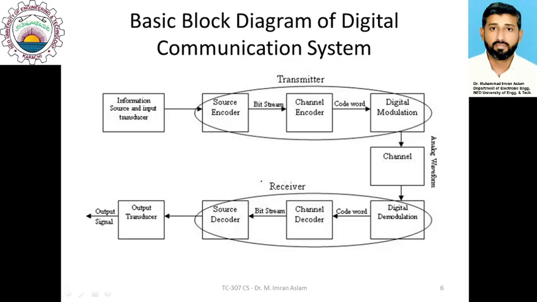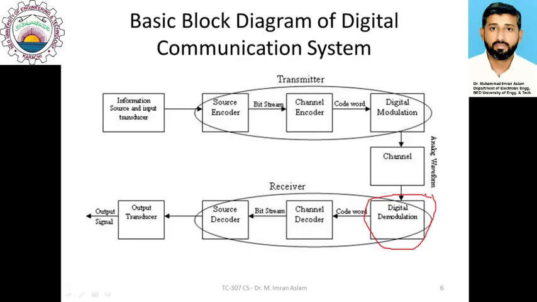If we look at the receiver side, in a digital receiver the first stage is the digital demodulation, or detection method. The demodulator actually tries to identify which of the waveforms were transmitted from the transmitter side, because whatever you receive will be contaminated by noise, or in some cases by interference and distortion.